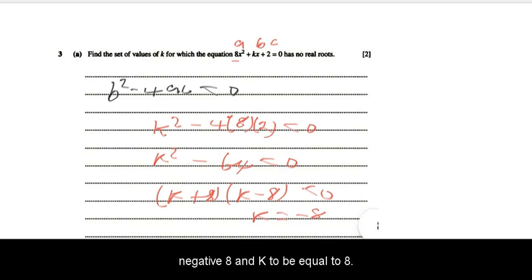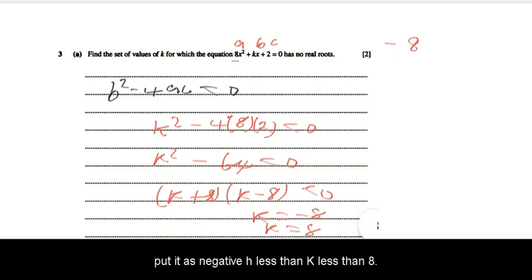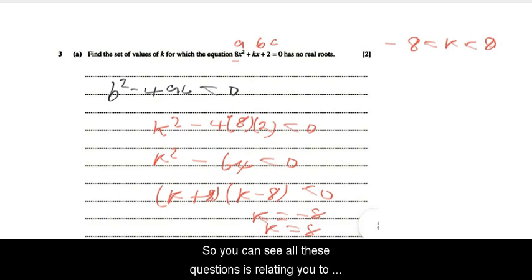So the critical values of k are simply k equal to negative 8 and k equal to 8. And you can as well show this graphically. So you can put it as negative 8 less than k less than 8. So you can see all these questions are relating you to functions and transformations using the discriminant.